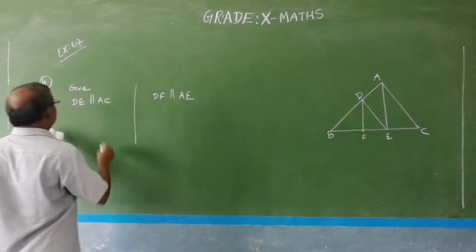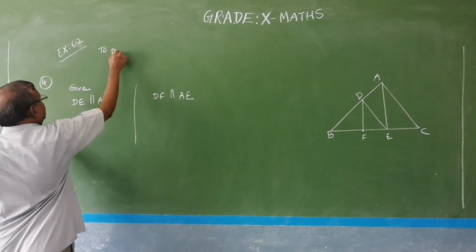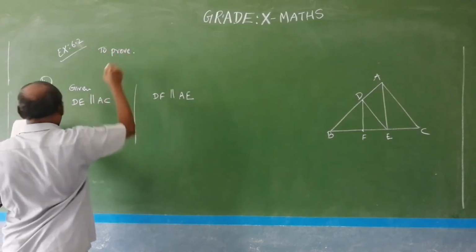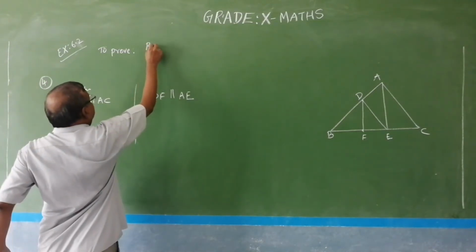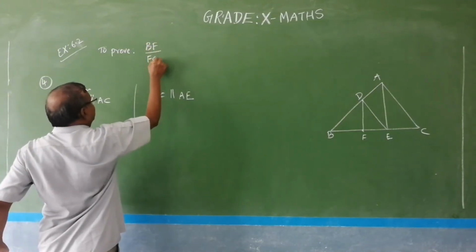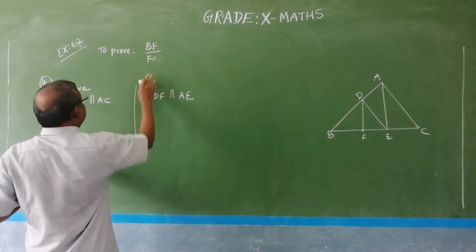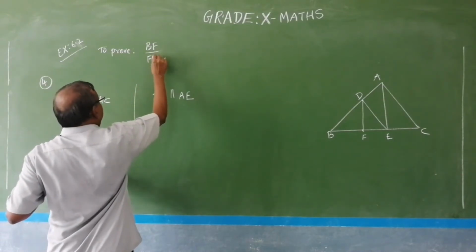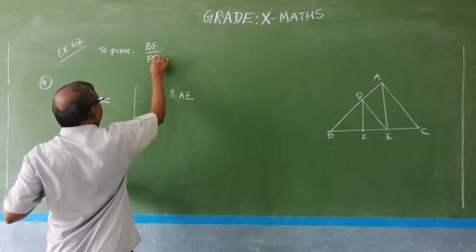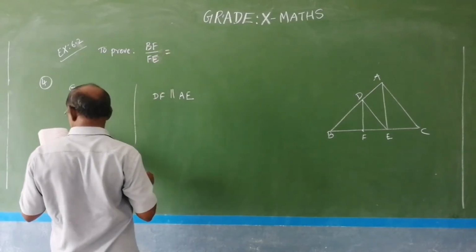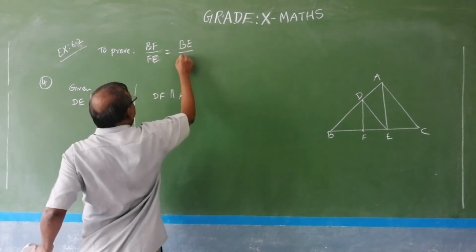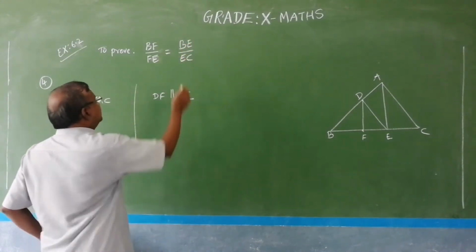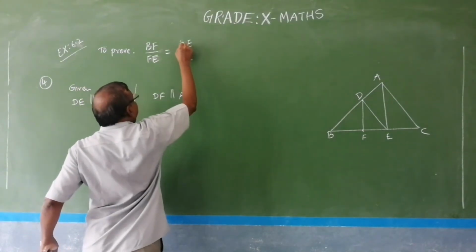So we need to prove that BF divided by FE equal to BE divided by AC.